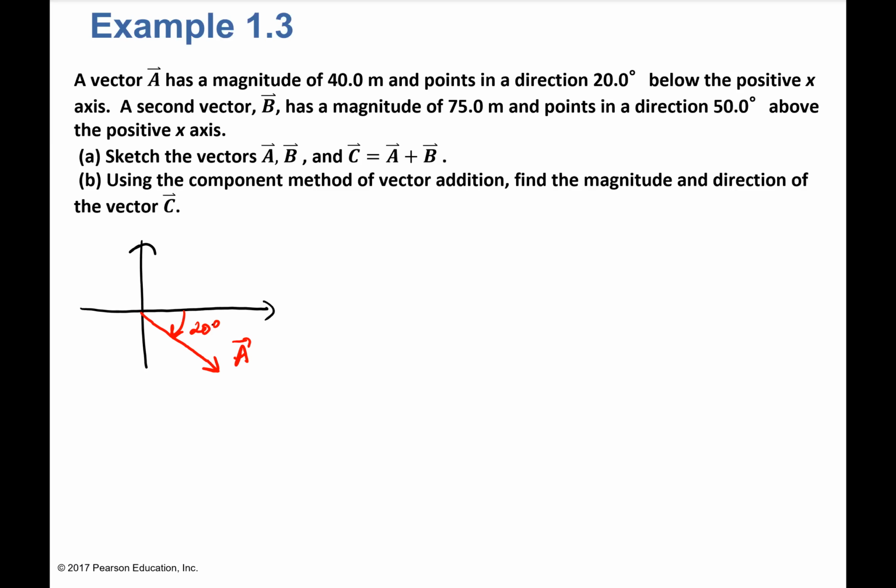And vector B here is 75 meters, that means longer than this, and it's 50 degrees above the positive x-axis. So something like this. This is then vector B. This is 50 degrees. So the question here is, what is C equals A plus B?